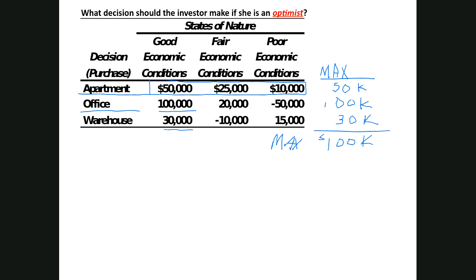So if our decision maker is an optimist, the decision is to invest in the office, and the return on that decision is $100,000. This is the situation if our decision maker is an optimist.